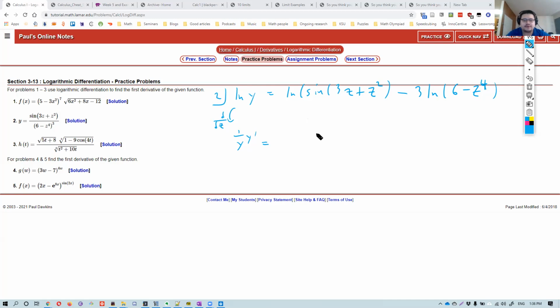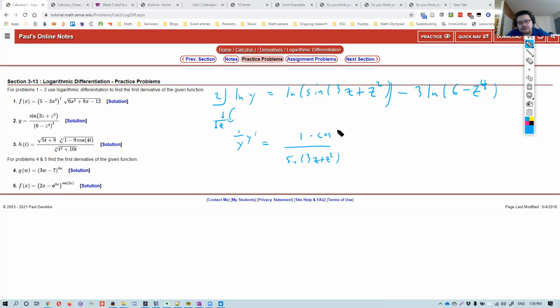For the right-hand side, now we just take derivatives. So let's see, there should be an extra parenthesis there. This is going to give 1 over sine of 3z plus z squared. And then we do the chain rule, which says take the derivative of this inner function.